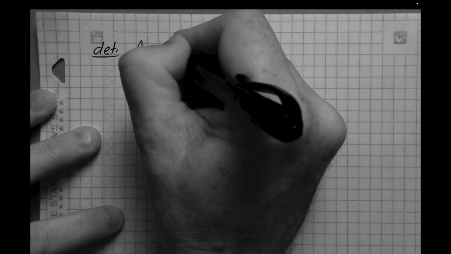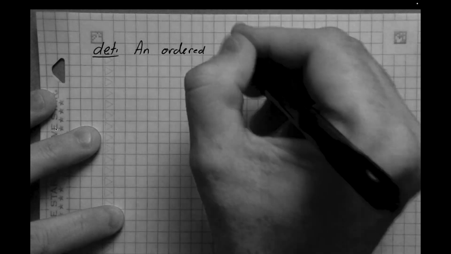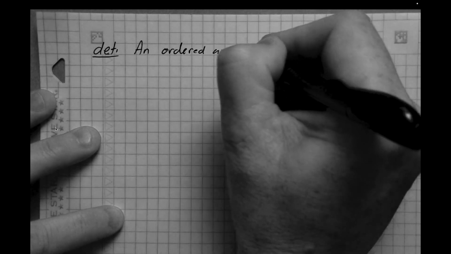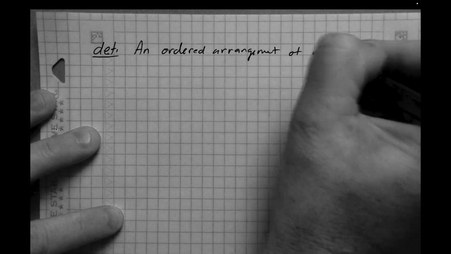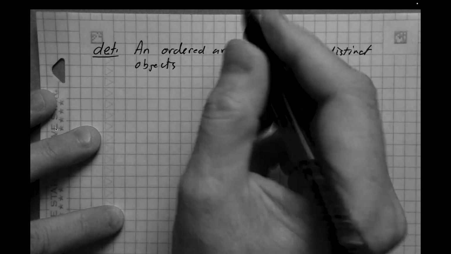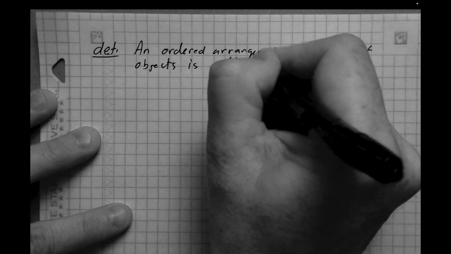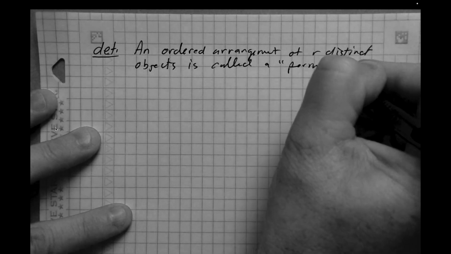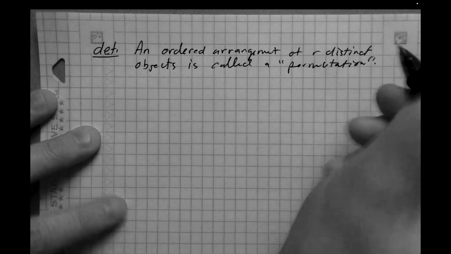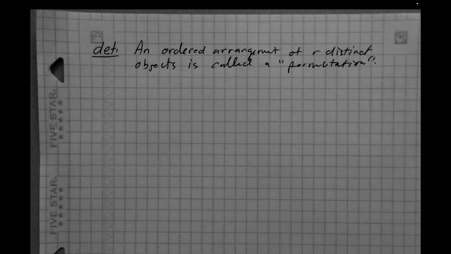So I've got a definition here, and this is going to be the definition of what is called a permutation. An ordered arrangement of r distinct objects is called a permutation.